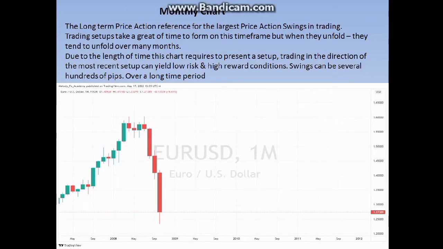I'm eyeballing the monthly chart right now, and I made mention of it in one of our previous videos on the dollar index price action based off the monthly chart. If my analysis is right, on the monthly chart we should see a kind of long-term bullishness in the dollar.